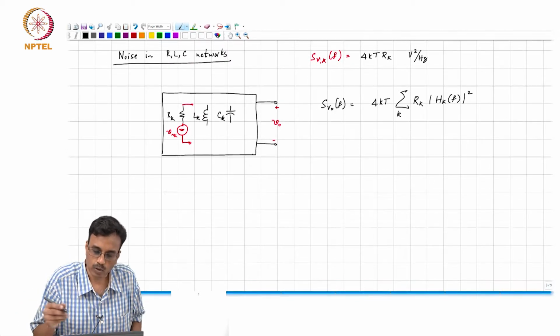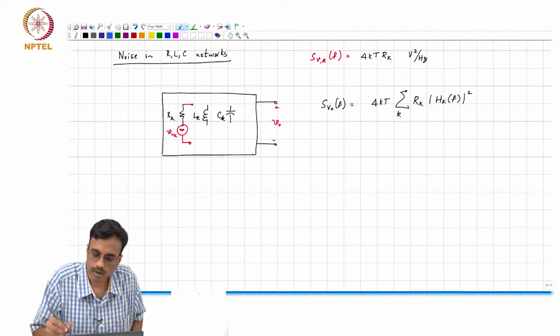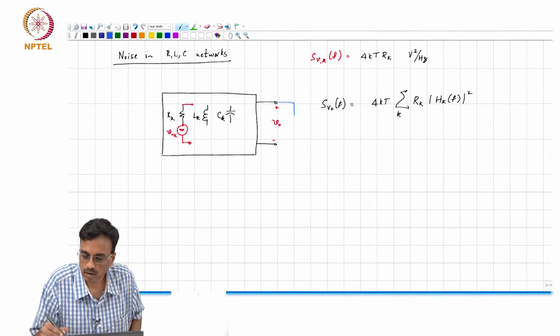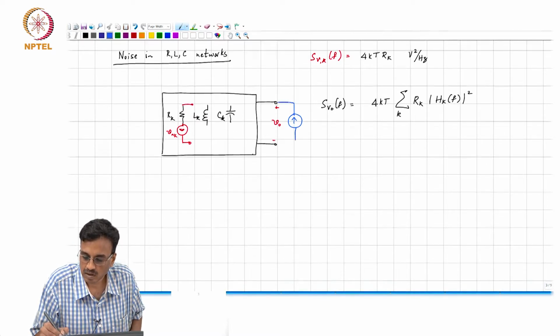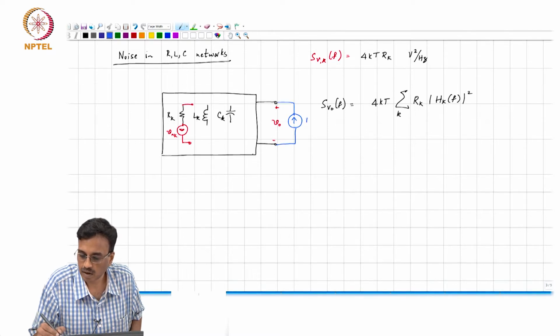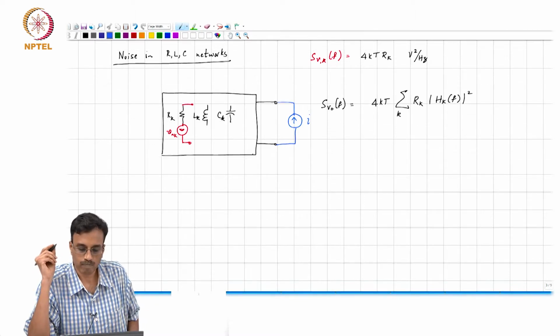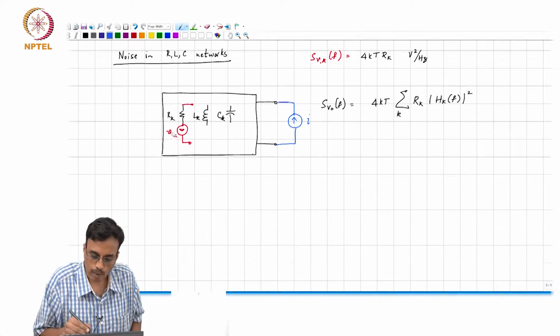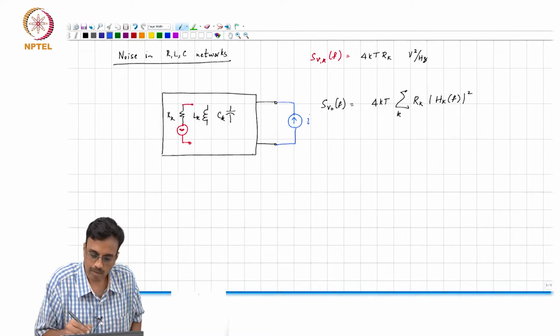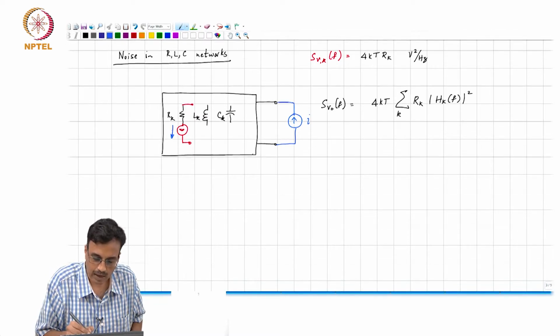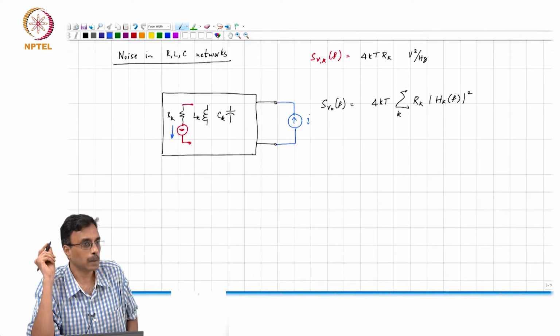And so, to see that, let us say this is a current I, alright. What comment can you make about the transfer function from here to the current in the kth resistor?